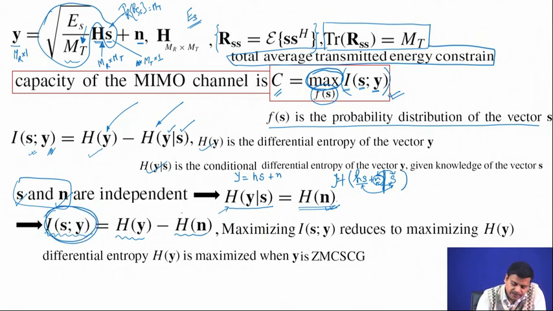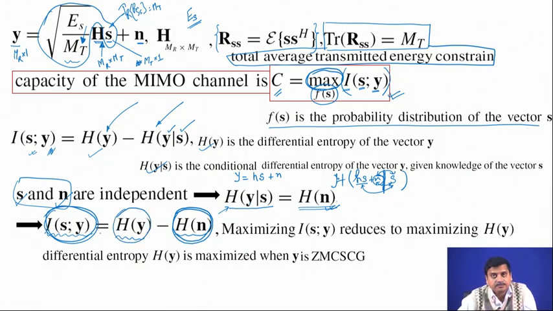If we look at the right hand side, we do not have any control on the differential entropy of noise. It is a natural event. So, we only have possible control over the differential entropy of the received signal. Therefore, we say that the mutual information is maximized by maximizing the differential entropy of the received signal, because the received signal is controllable through the transmitted signal S.